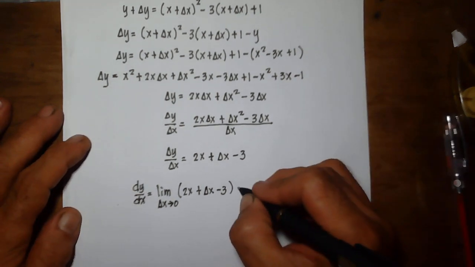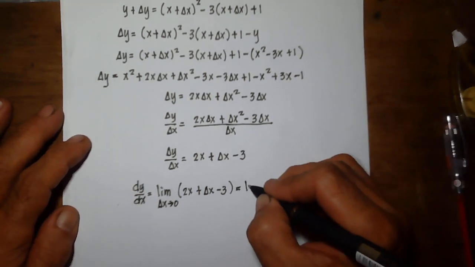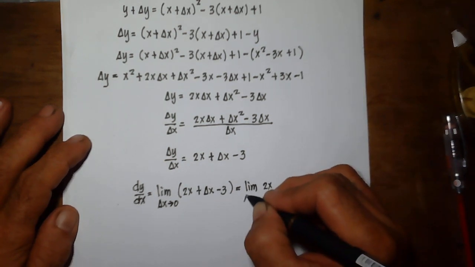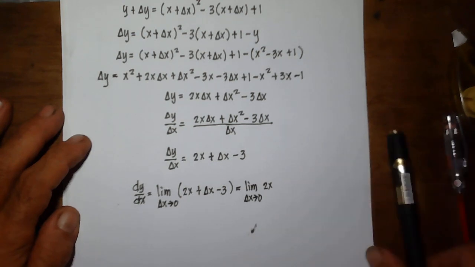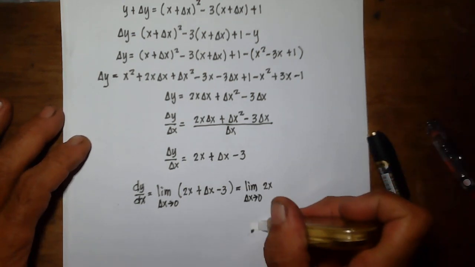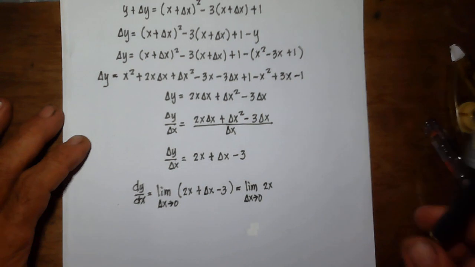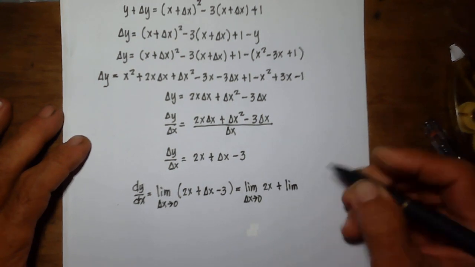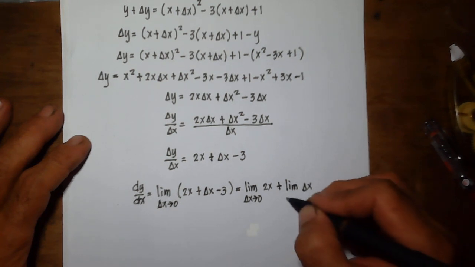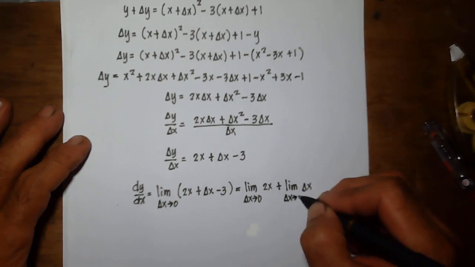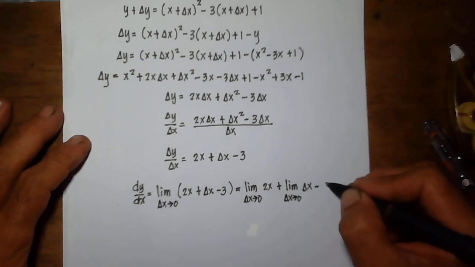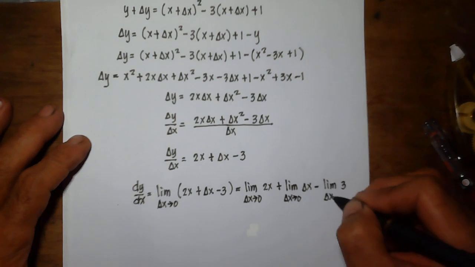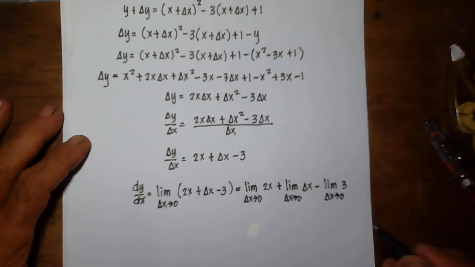Applying the rules of limits, we have the limit of 2x as delta x approaches 0, plus the limit of delta x as delta x approaches 0, minus the limit of 3 as delta x approaches 0.